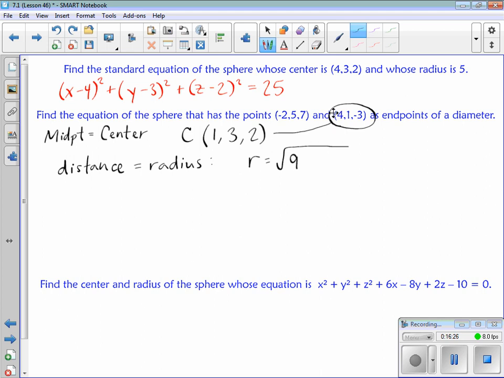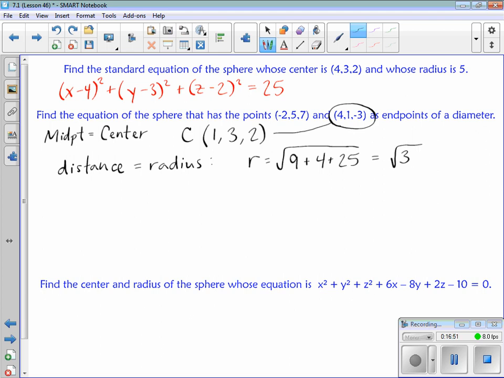Okay, so you do the change in x's, we square it. The y's change by how much? 2. When I square it, I get 4. And my z's change by how much? 5. When I square it, I get 25. So 9, 4, and 25 gives me, so this is square root of 38.